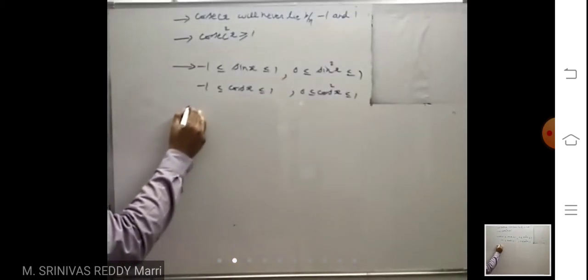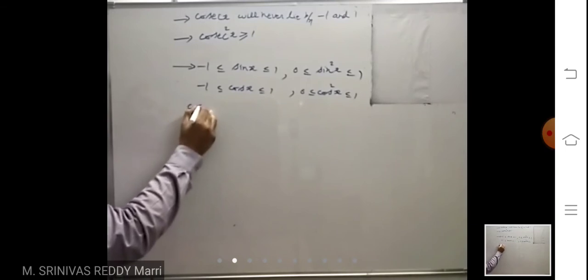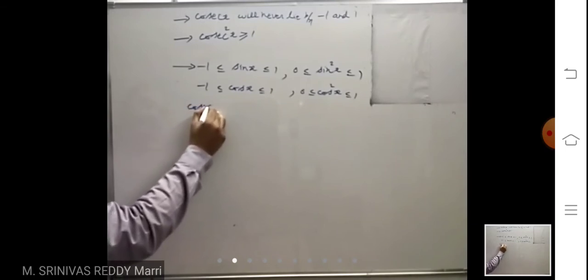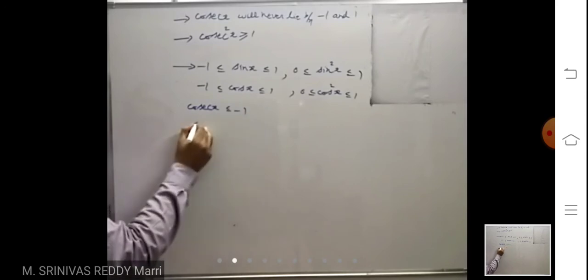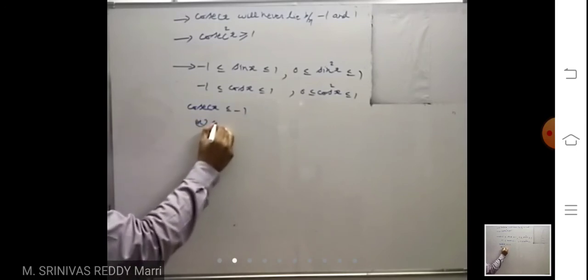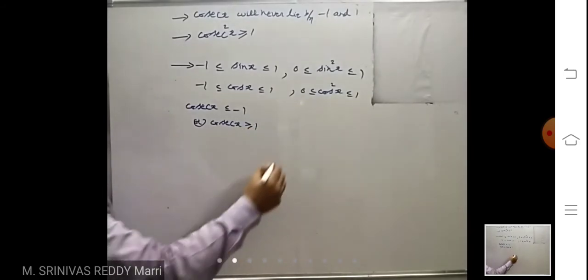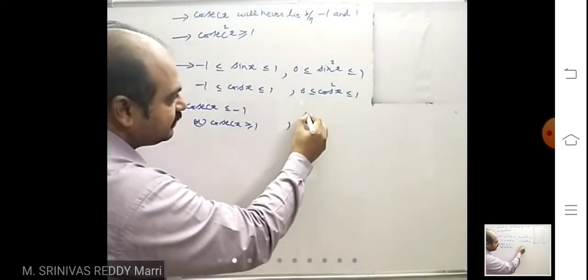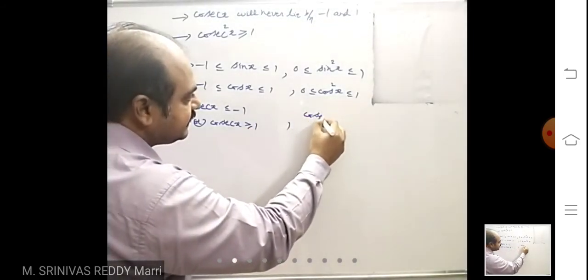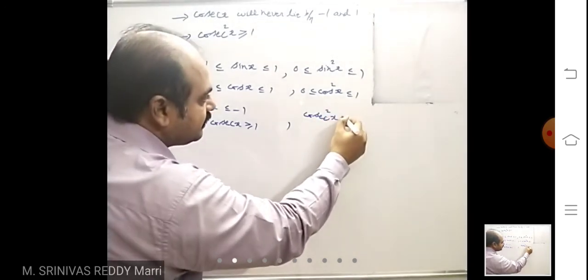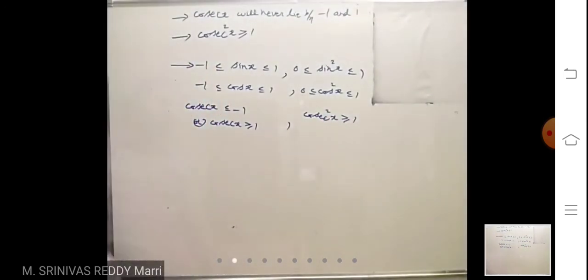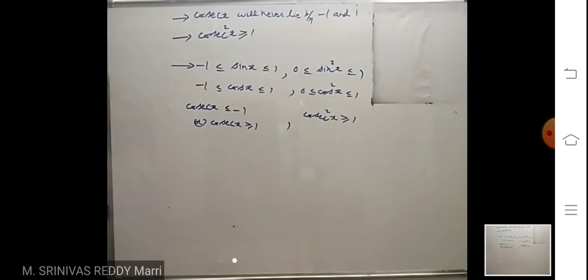And cosecant x is less than or equal to minus 1, or cosecant x is greater than or equal to 1. This is the one. And cosecant square x is always greater than or equal to 1.